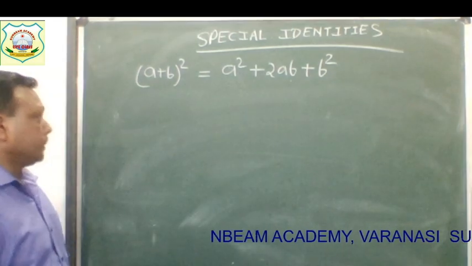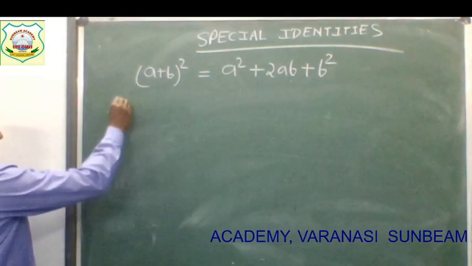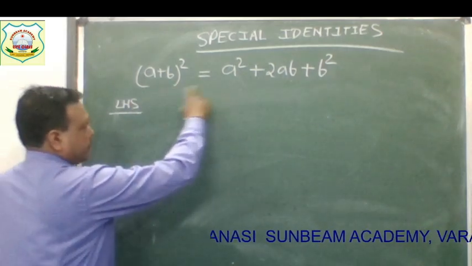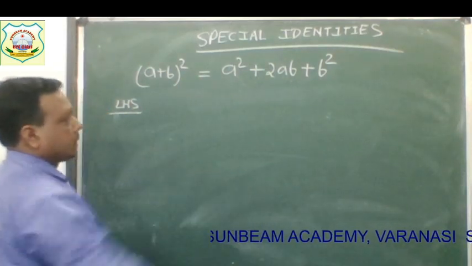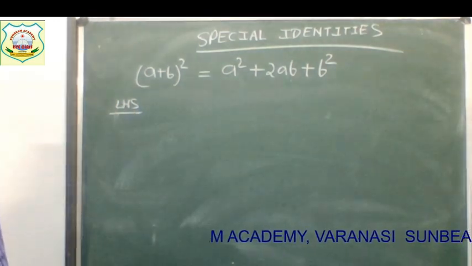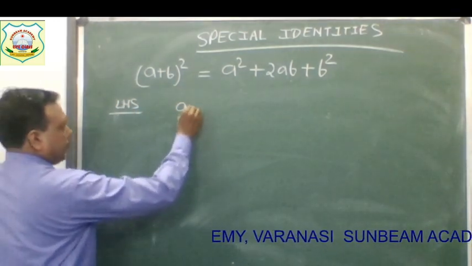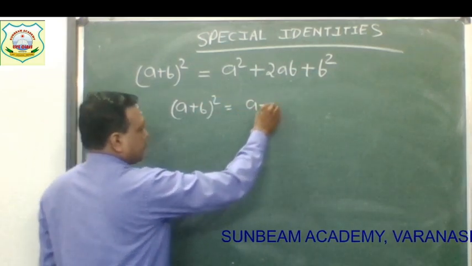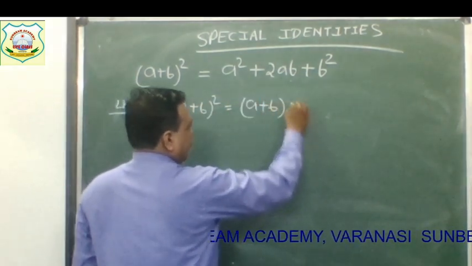How has this value come? Now from the LHS side, we are taking this LHS. This is the LHS part. We are taking this LHS and we will get that RHS. So the LHS part we have taken, a plus b whole square, that means a plus b multiplied by a plus b.